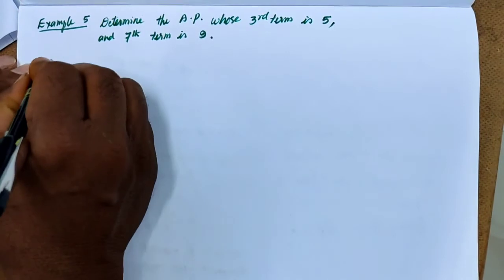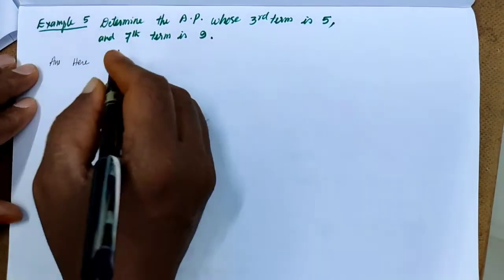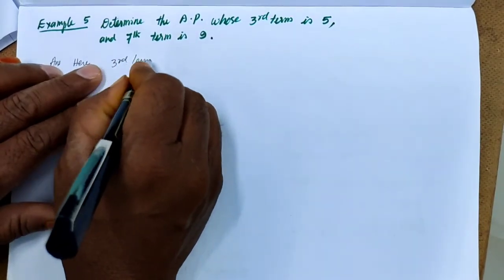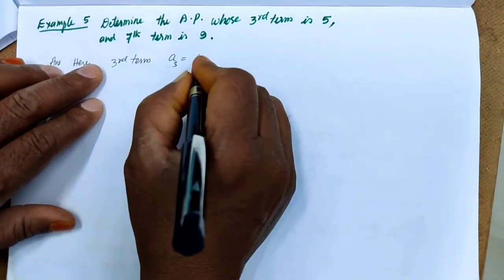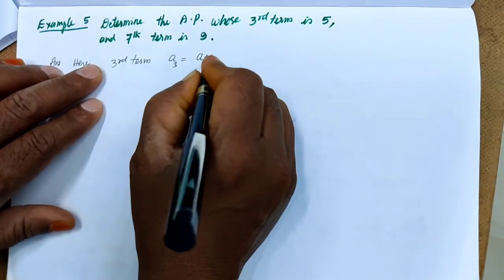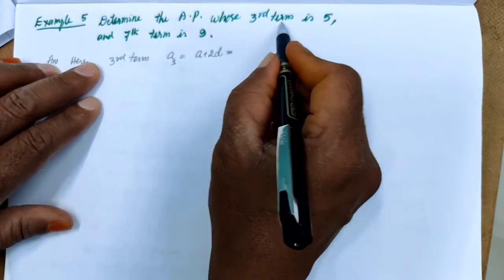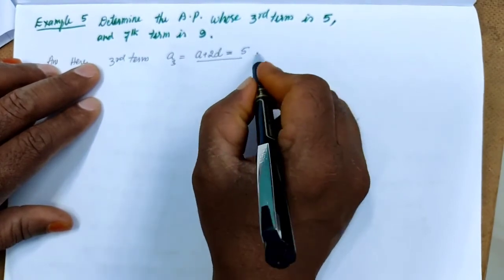So here, the third term a3 is, in general form, a plus 2d. According to the problem, the third term is 5. So this is an equation, let it be 1.